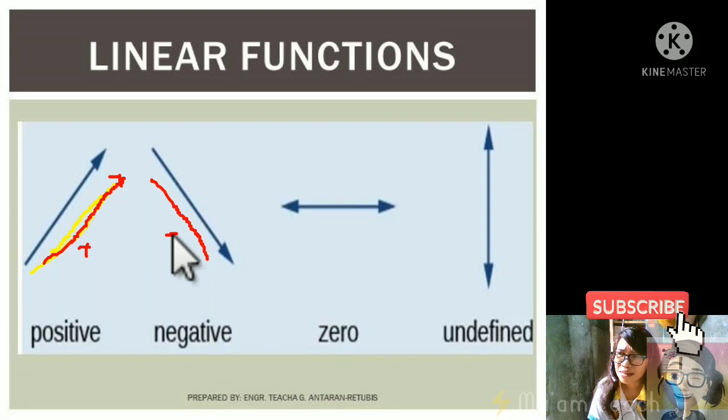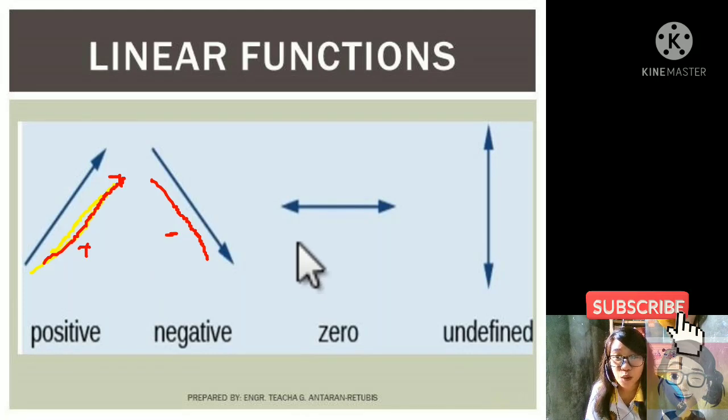Now, class, when does it happen that our slope becomes 0? Again, what is the situation in which our slope becomes 0? Class, it only happens if there are no changes in your vertical position, which means your rise is equal to 0.